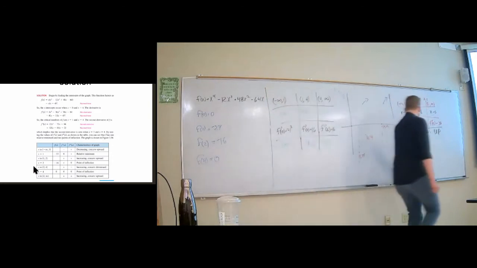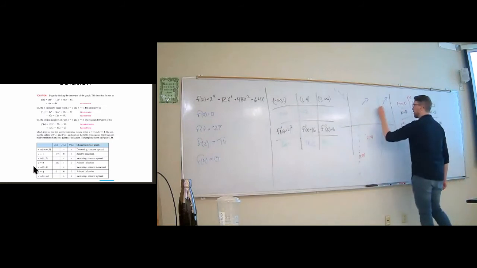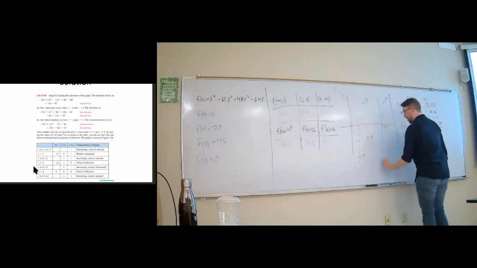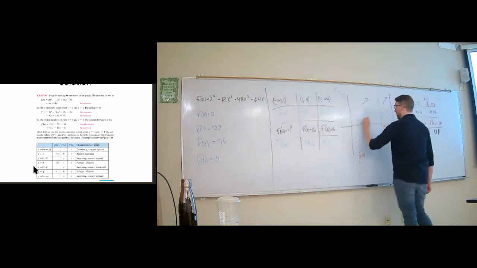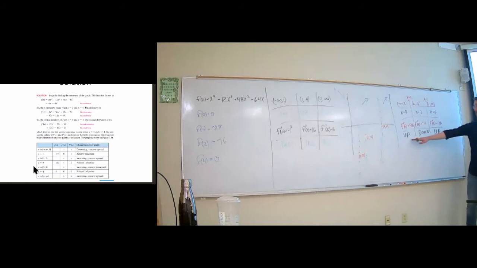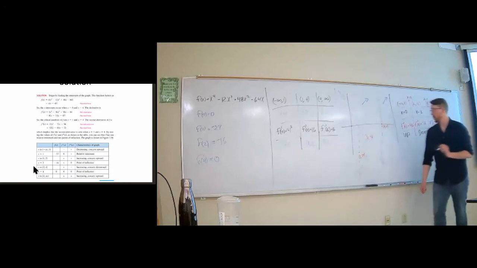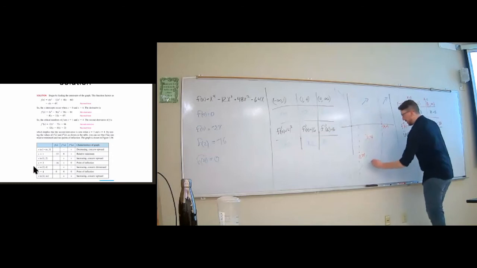Now, looking at our second derivative test, we know we're concave up before the first green line. We know we're concave down in between the two green lines.